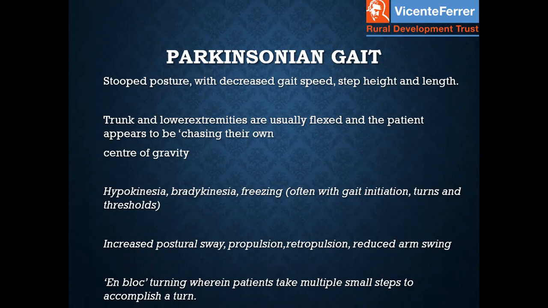So commonly it is seen in adult Parkinson's disease, but sometimes we can see it in children with acquired basal ganglia diseases like Japanese B encephalitis, autoimmune basal ganglia encephalitis, or Wilson's disease.